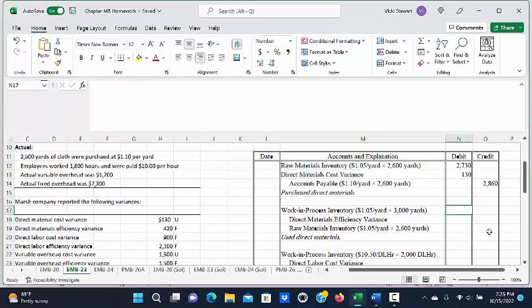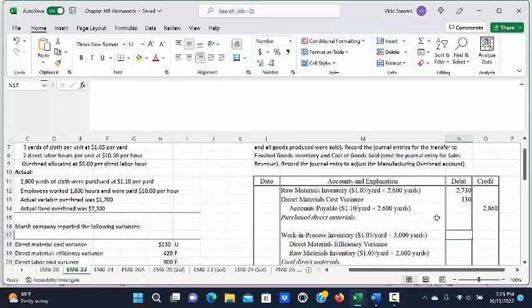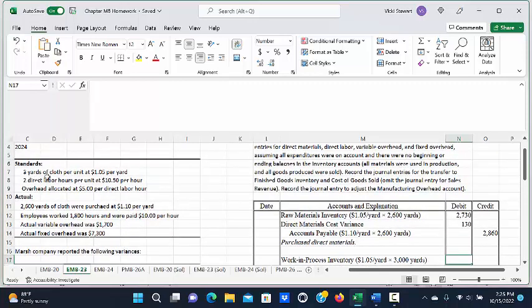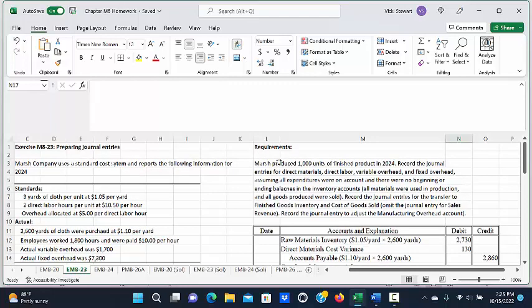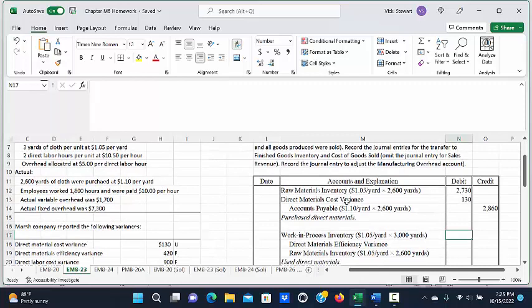Next, we're going to debit work in process inventory for the standard cost and the standard units. So the problem stated that we used 3 yards of cloth per unit at $1.05 per yard, and since we produced 1,000 units, we should have used 3,000 yards.